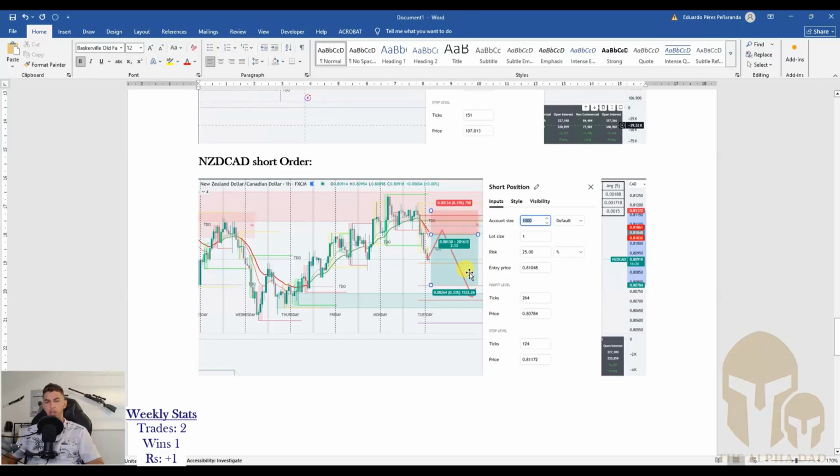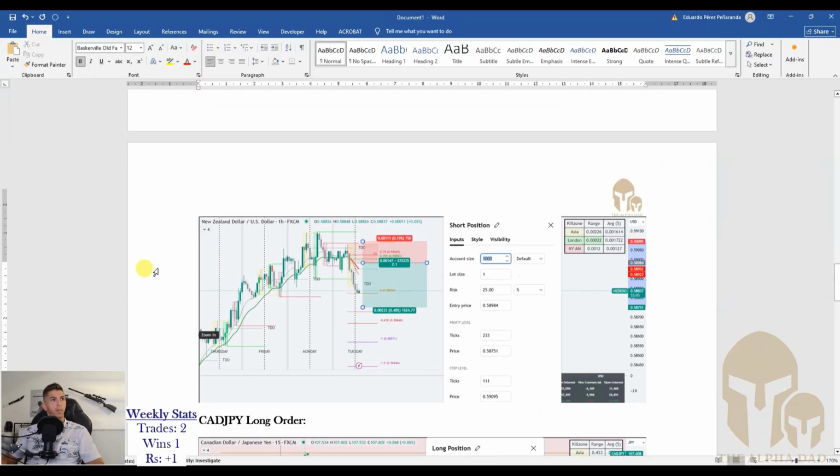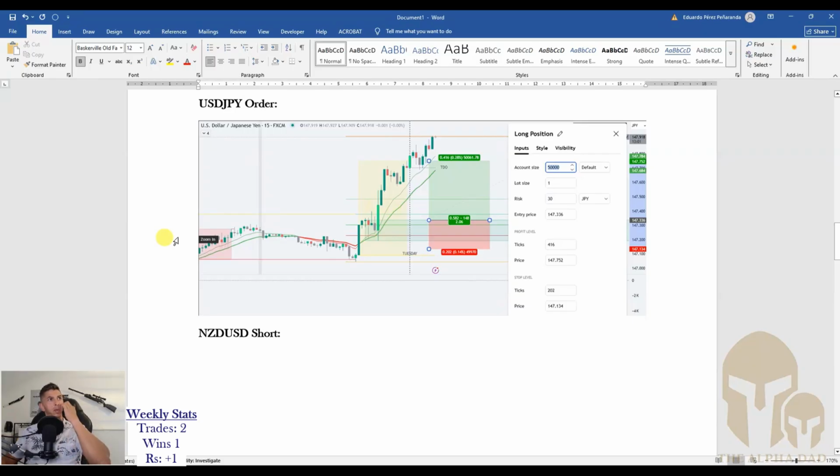Pretty interesting. So guys, that's it for today. 4 orders. You don't need to expose yourself to all of them. If you see one order is triggered, you can, if you want, delete the most correlated one to it. For example, here we have USD JPY and NZD USD, right? One is a short, the other is a long.